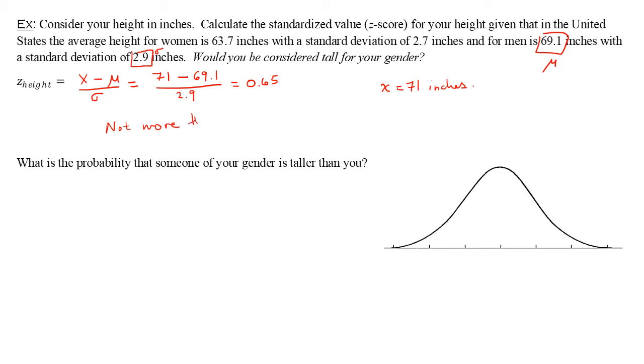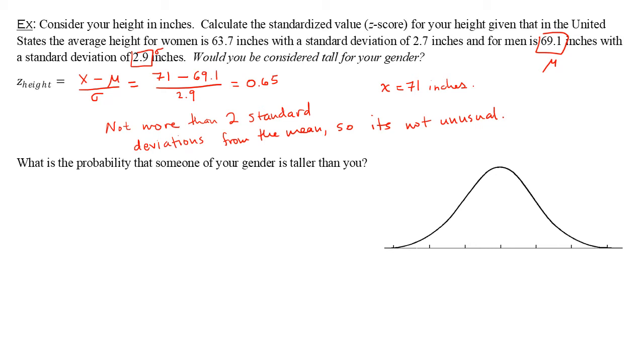So it's not more than 2 standard deviations from the mean. So it's not unusual. Okay. So if I had a z-score that was more than 2, then that would be unusually tall.